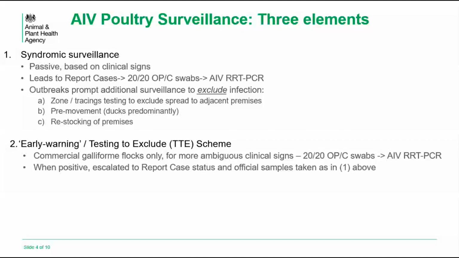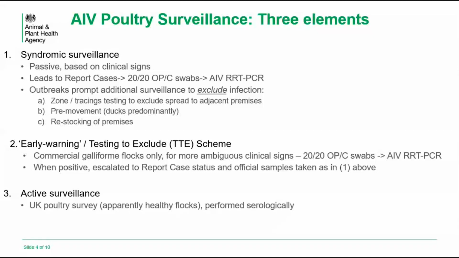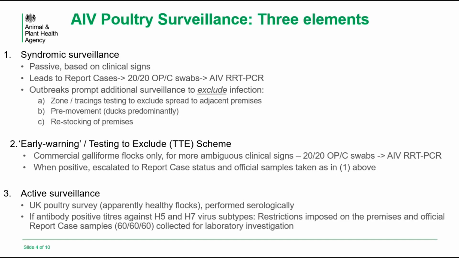Then we have the active surveillance. The final approach is what we call the UK Poultry Survey, where we look at a subset of apparently healthy flocks in the UK, which is performed serologically, looking for antibodies to H5 and H7.